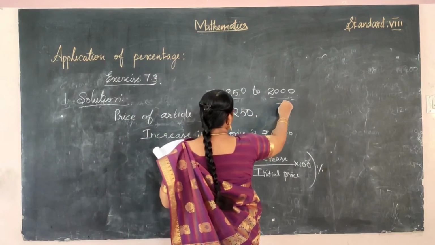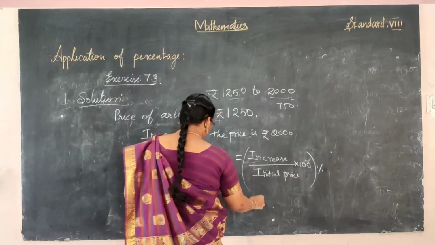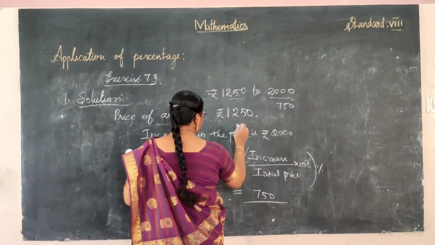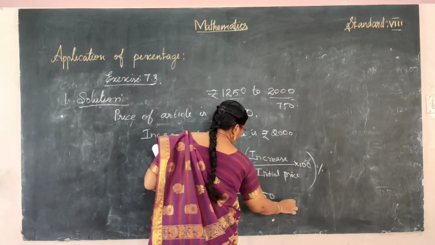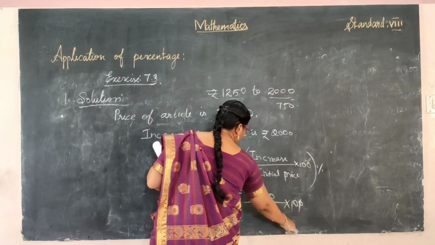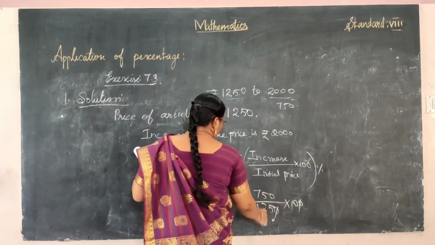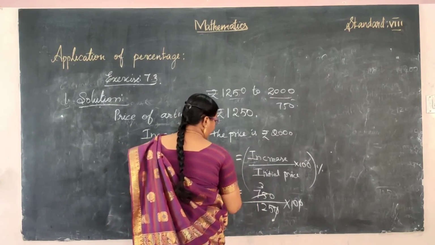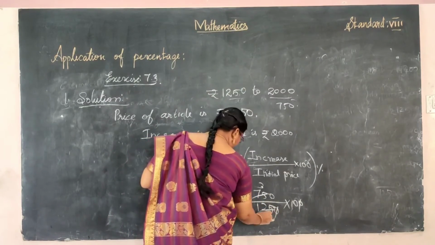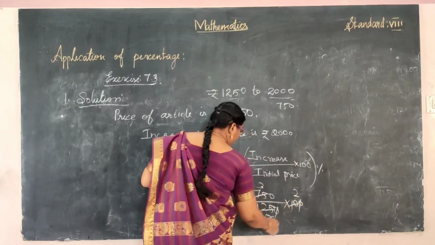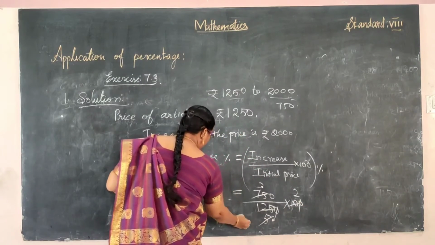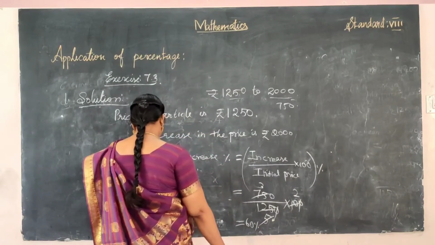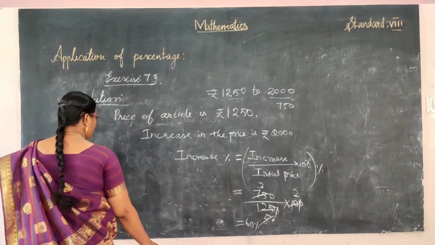The difference we have to find out: 750. So 750 is the increasing price. Initial price is 1250 into 100. So this term will be cancelled. Here also 25 3s are 75. Here 5s are 5, 2s are. So here 30 into 2, 60 percentage.